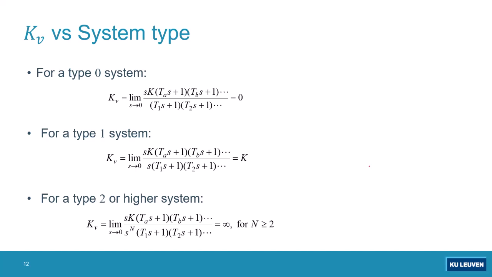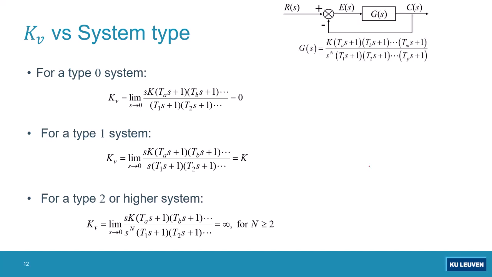Now let's check how the static velocity error constant will look like for different type numbers. For type 0 system, n in the open loop transfer function will be equal to 0.